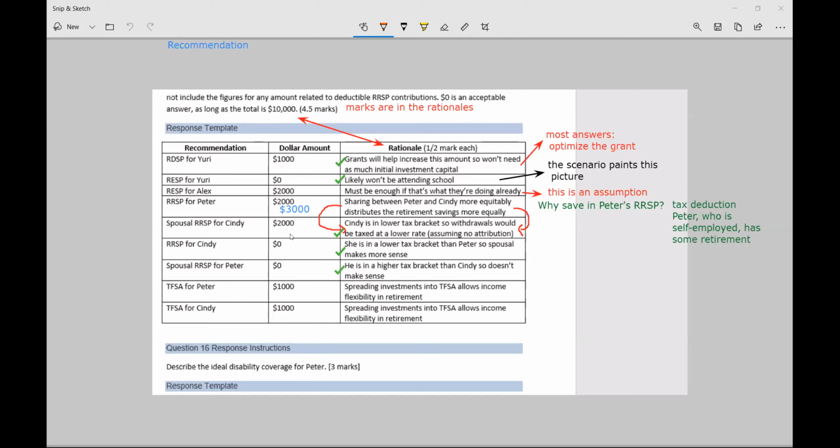TFSA for Peter. I like these answers. I think these are good. I would also maybe talk about short-term flexibility.